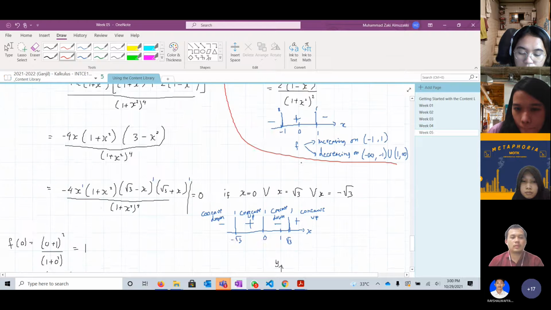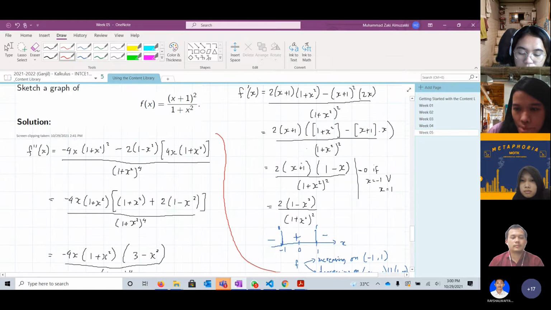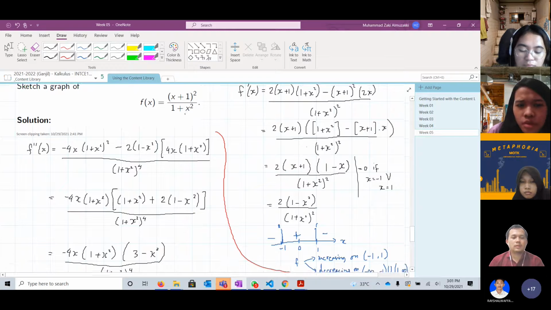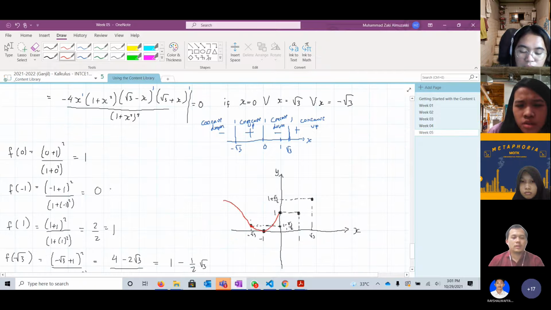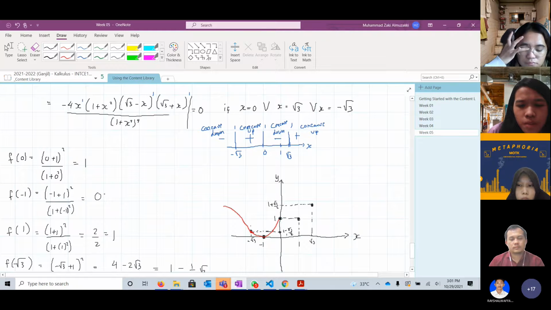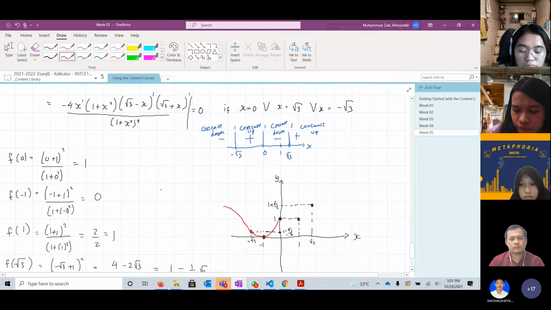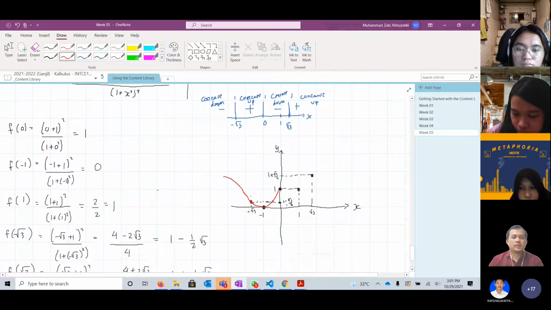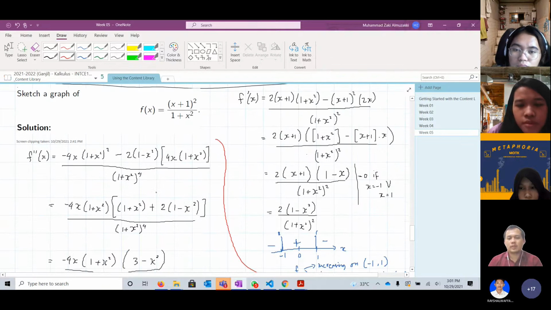Sorry, f(0). What is f(0)? 0 plus 1 squared is 1. 1 plus 0 squared is 1. So this is correct. This is tricky. Maybe I made a mistake somewhere over there.